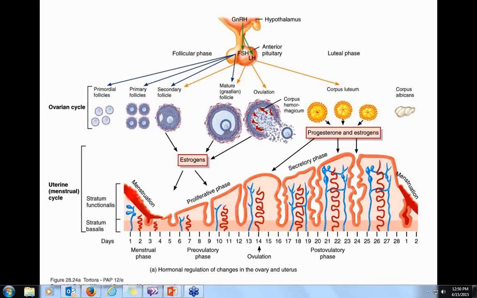So you can see as the primary follicles are developing, you're shedding your endometrium, and as ovulation is nearing, the endometrium size is increasing, and should the egg be fertilized, the corpus luteum hangs around, and the endometrium grows thicker and the fertilized egg implants.